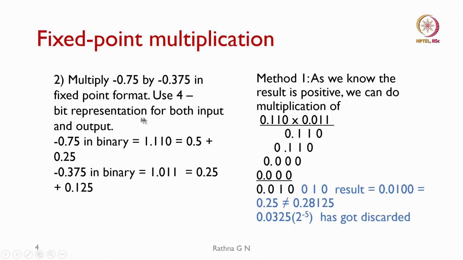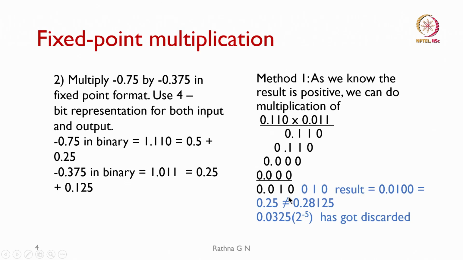First, we know that minus 0.75 in binary is represented as 1.110, which is nothing but 0.5 plus 0.25 giving me 0.75, and then minus 0.375 is this number. Since I know it is a positive value that I am going to get, I can take both as positive numbers and then do the multiplication.